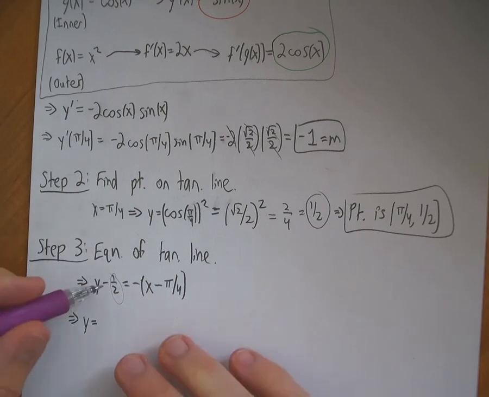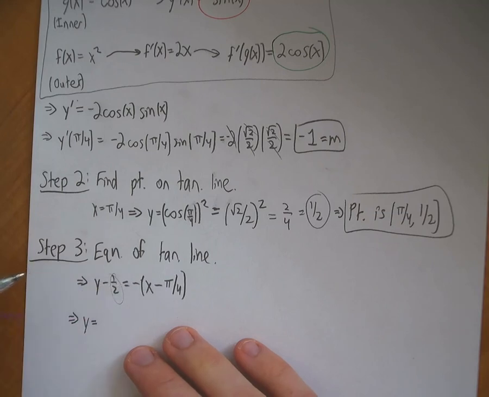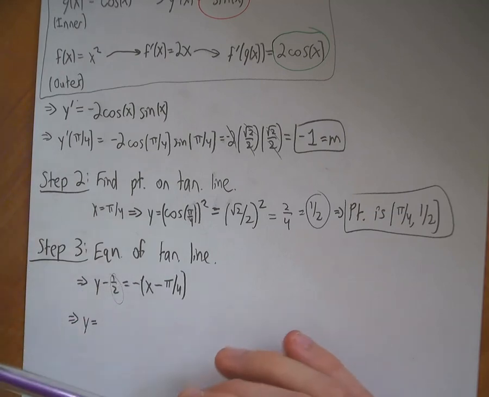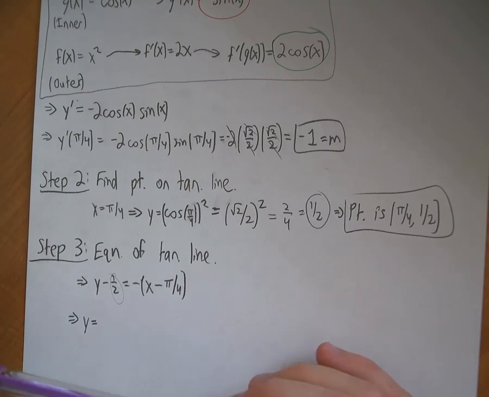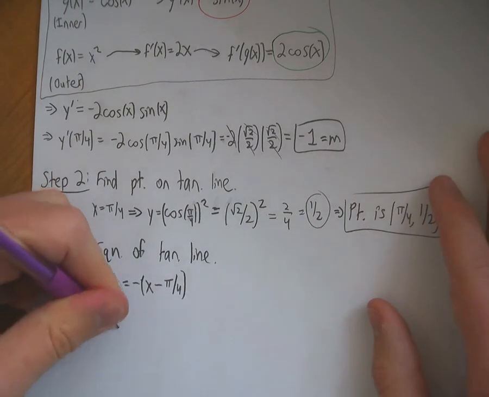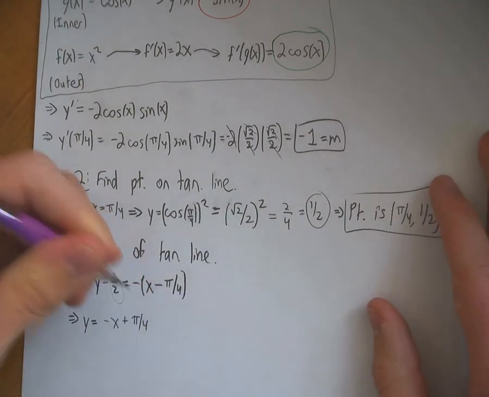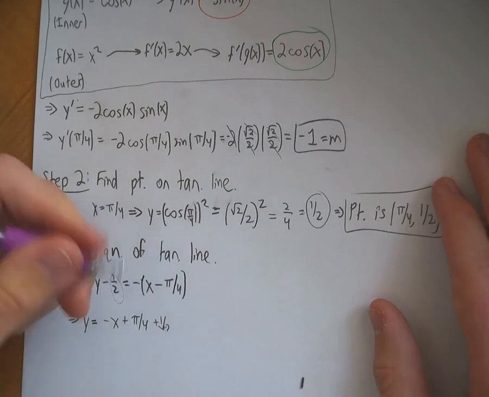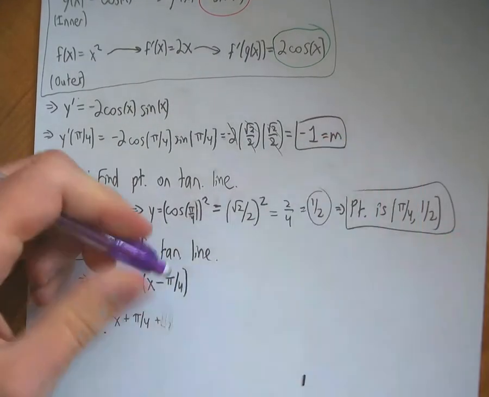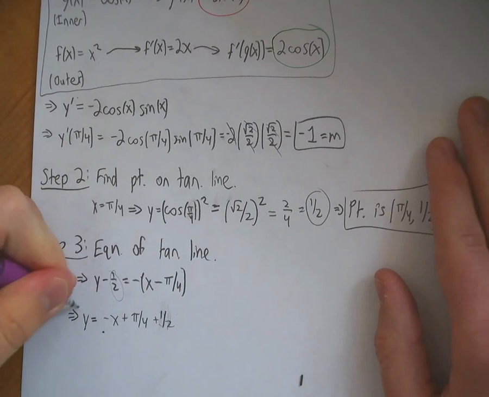If we solve for y and distribute the negative 1, we end up with negative x plus pi over 4 plus 1/2. So this would be your final answer.